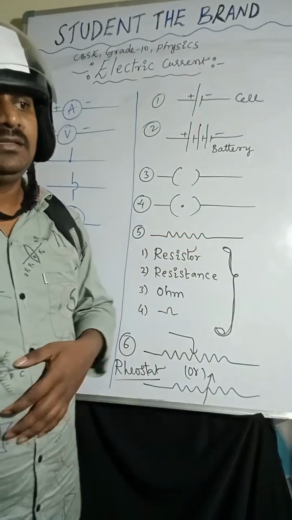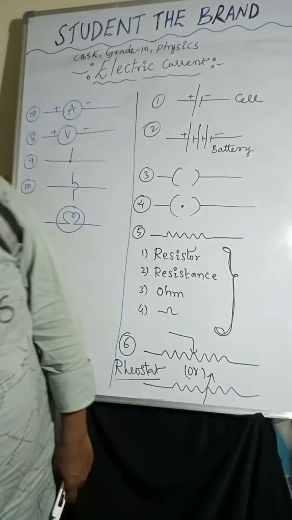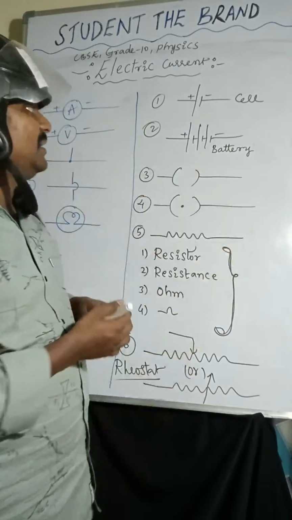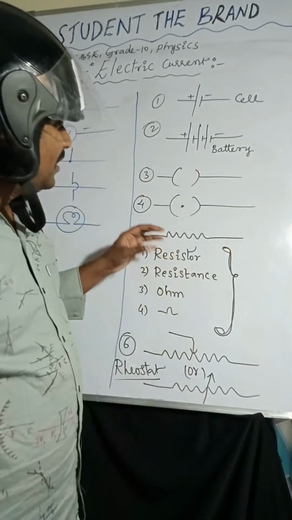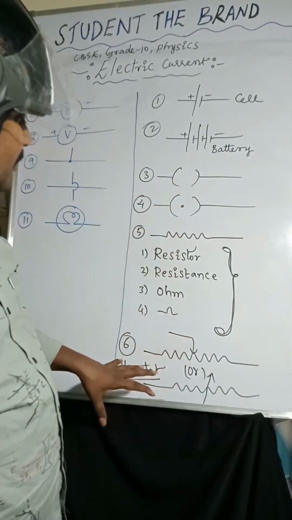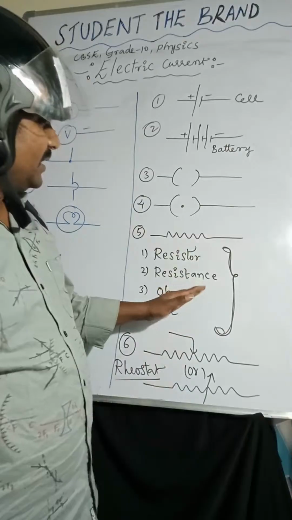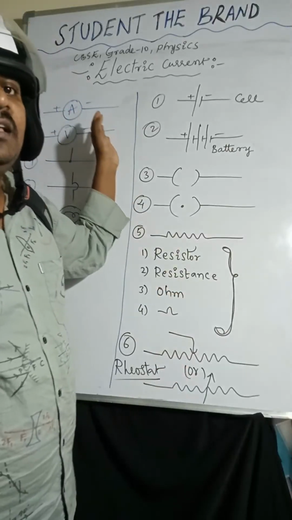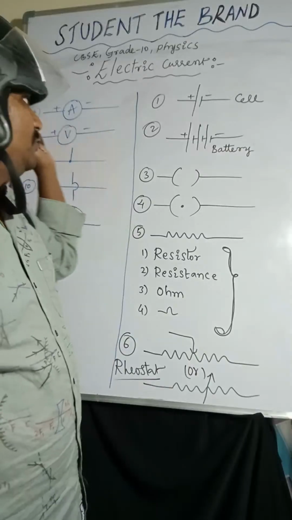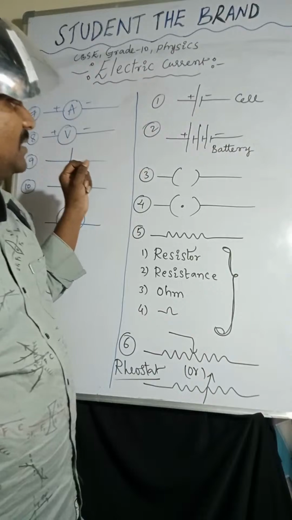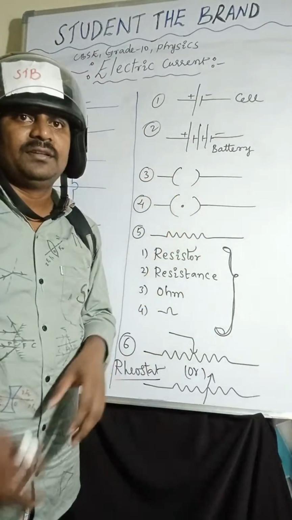Related to the electrical appliances, resistor and rheostat definitions are very important. Also, what is the purpose of ammeter, what is the purpose of voltmeter, and how you are connecting them; they will ask questions on that.